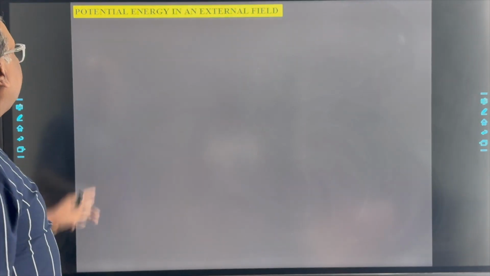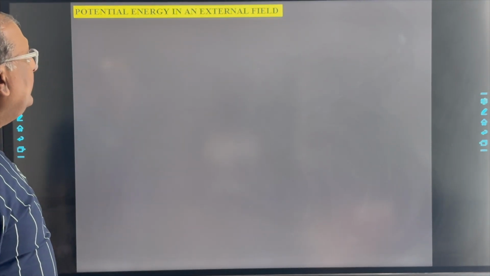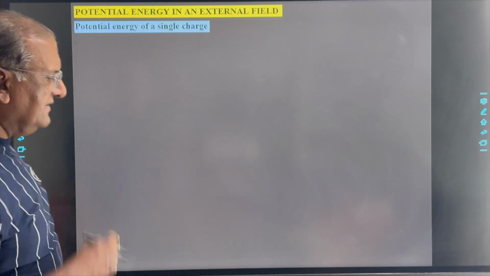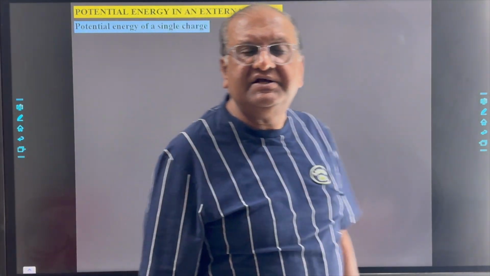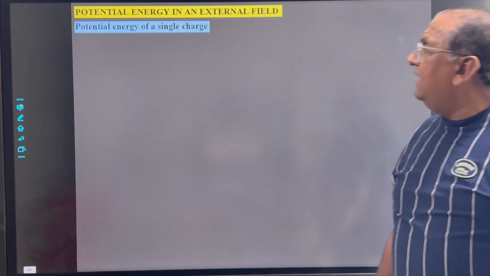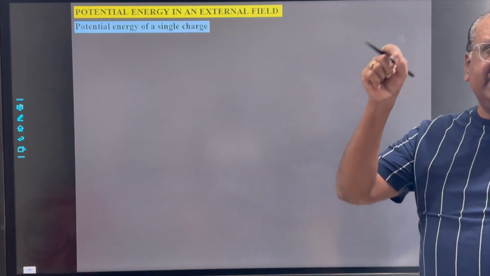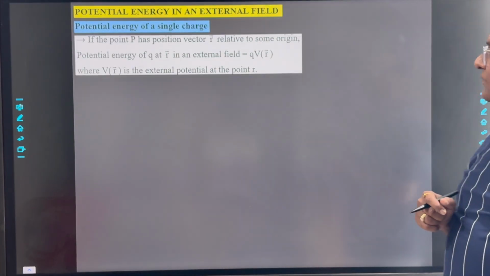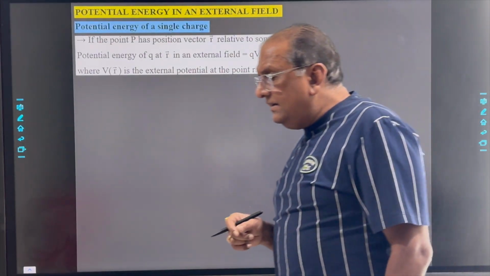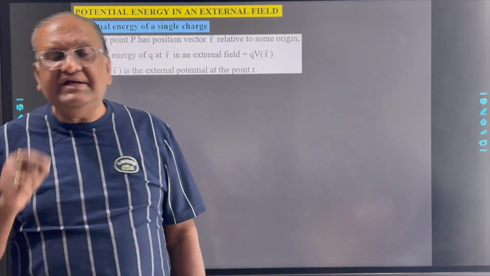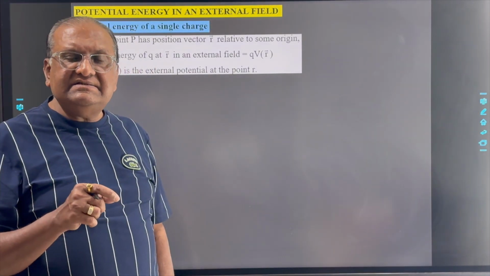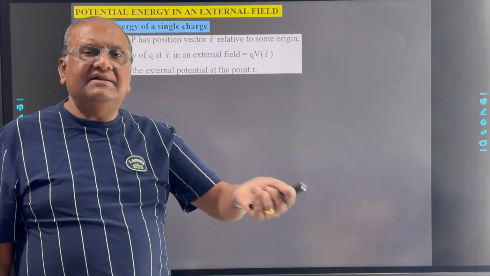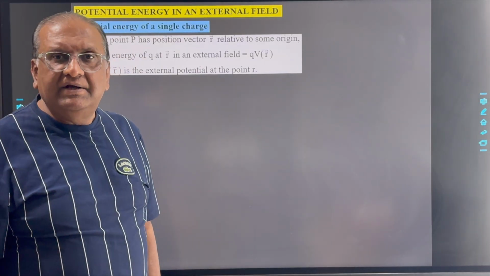Now the next topic, that is potential energy in an external field. So, potential energy of a single charge in an external field. Now in the external field, suppose at any particular point a charge Q is placed, then its potential energy at that point is charge Q into potential at that particular point. Clear?